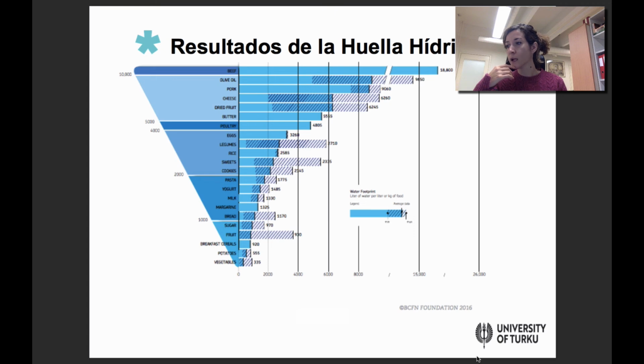And in the case of grey water, it can be interesting to look into different sorts of pollution, because not all sorts of pollution will affect water in the same way. So it's often interesting to open up the water footprint and look into the different types of water that are used and how they affect the environment in different ways.